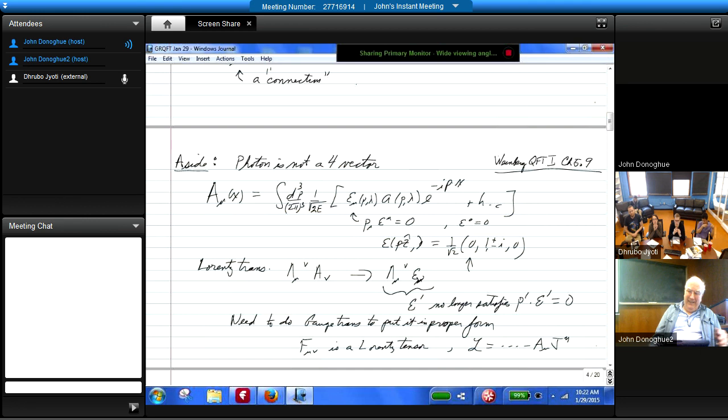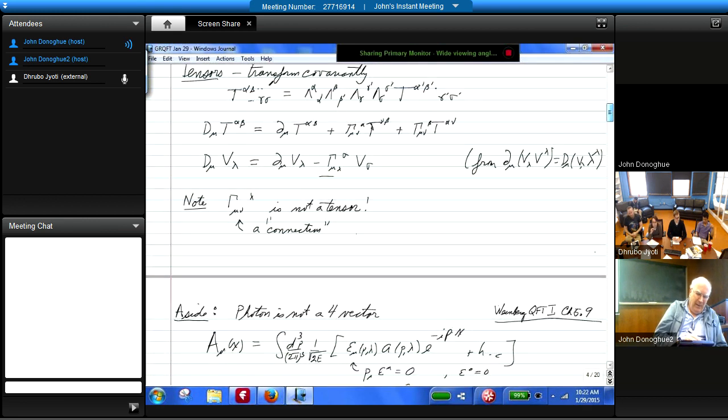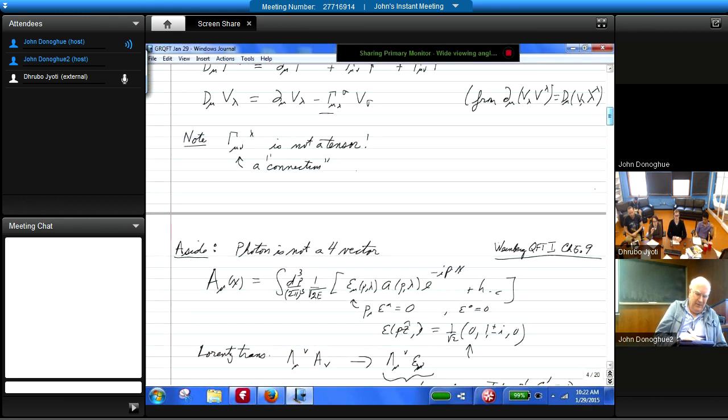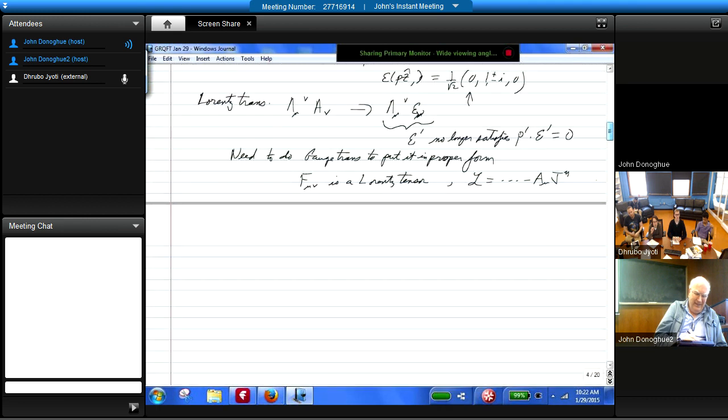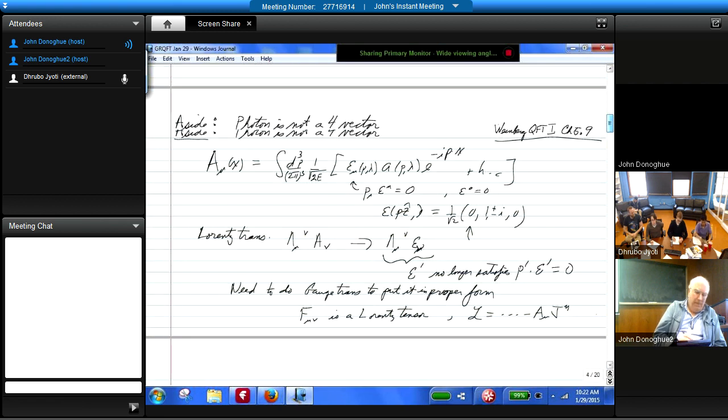So if you're doing a Lagrangian, you're sort of stuck with the gauge potential. But in some ways, the fact that the connection is not a tensor also has some of the same flavors. It transforms with a gauge transformation plus something. Anyway, that was an aside. Okay, we ready to go on from the aside?